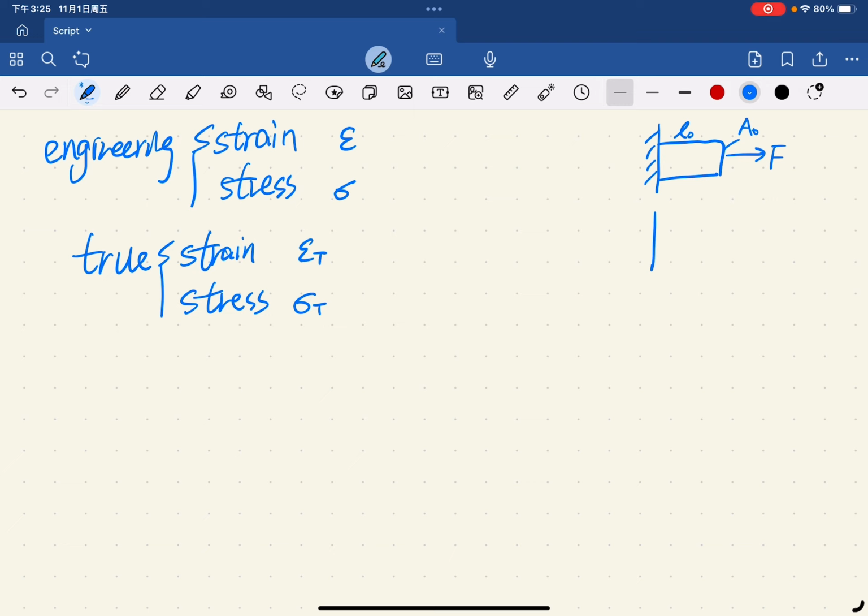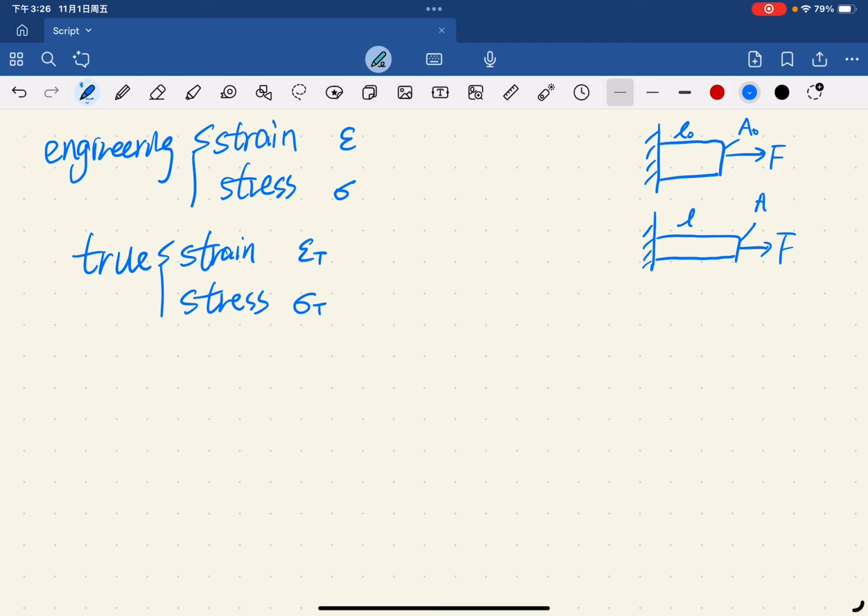And after the tensile loading, it is elongated, obviously, and the length comes to L and the cross-section area becomes A. For metals, normally the Poisson's ratio is smaller than 1, so this A normally is smaller than A0.